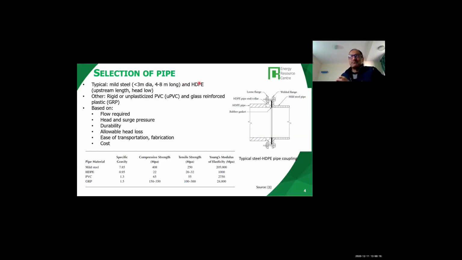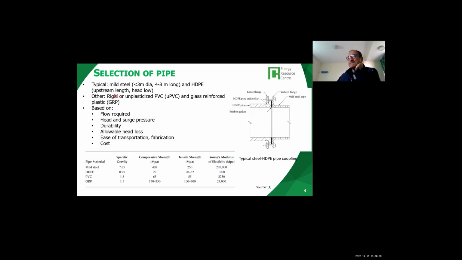High density polyethylene pipes come in longer lengths, and are also used for low head, because the wall thickness and the capacity of the pipe to withstand high head pressure is not as large as in mild steel. So for very high head plants, at least in the lower section of the penstock, you have to have mild steel. Nowadays, rigid or unplasticized PVC and glass reinforced plastics are also used.